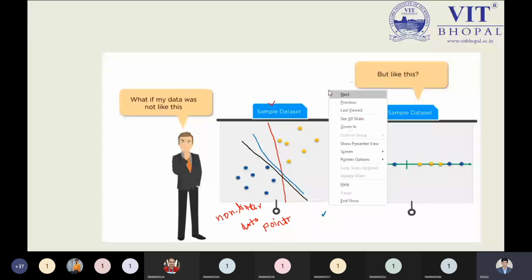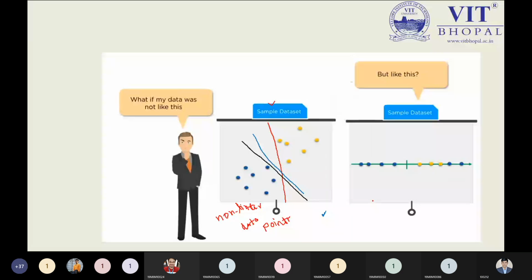But when talking about this point where we have linear data points, how can you decide the hyperplane? That is my point. Can anyone tell me how we can decide the hyperplane on the linear data point?